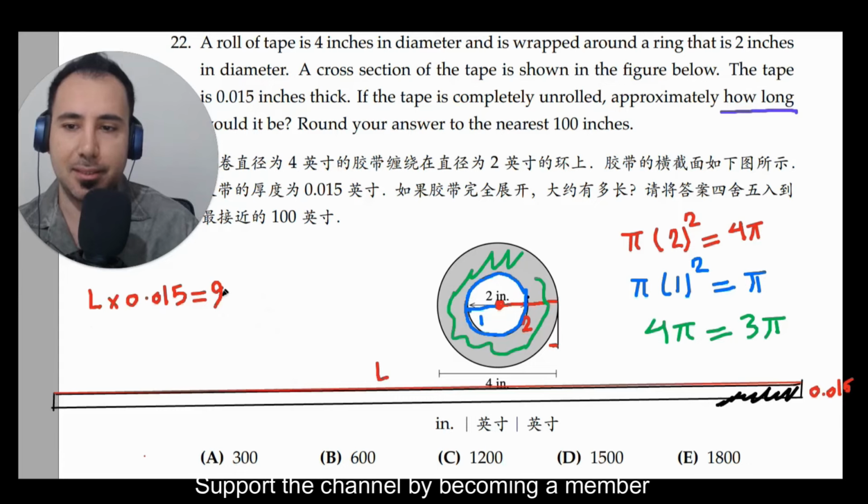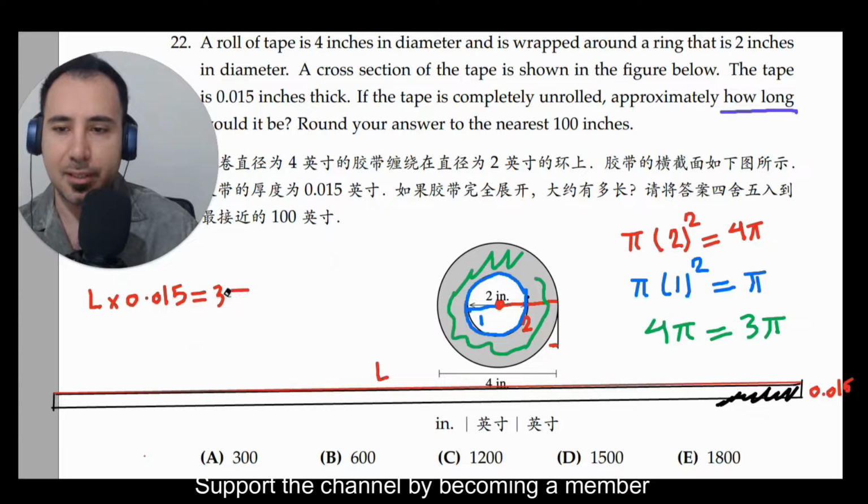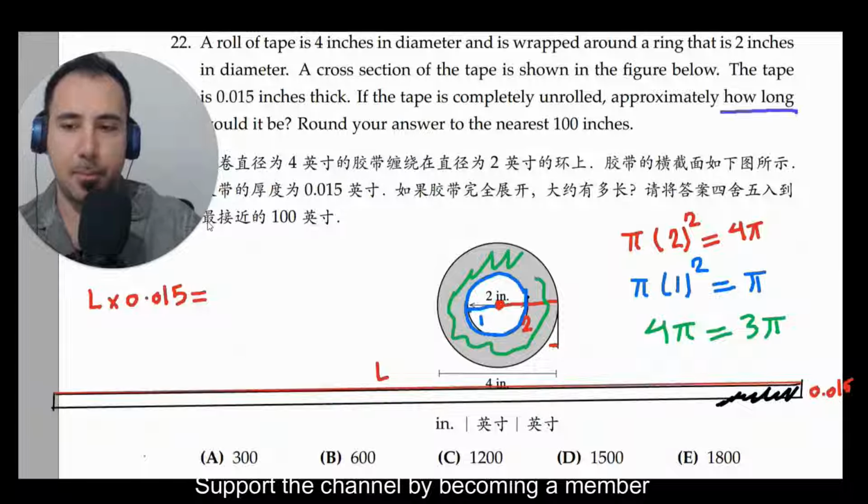I could also make this 10 because pi is almost 3 and something. 3 times 3 and something, you could also put it as 10. So either way is fine. You could go with 9 or you could go with 10. So L would be 10 divided by this value.